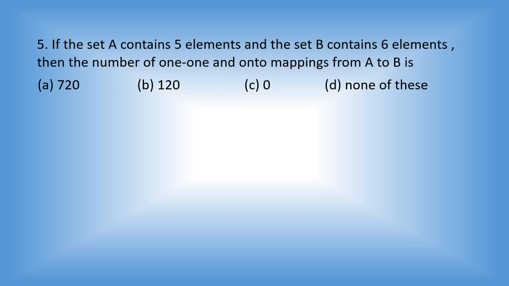So here A has 5 elements, which can be mapped into 5 distinct elements of B, which implies f is 1-1. But B has 6 elements. That means there is one element in B which does not have any pre-image in A. That implies f is not onto.